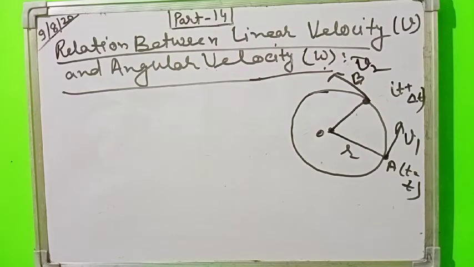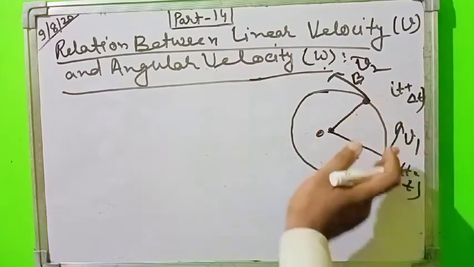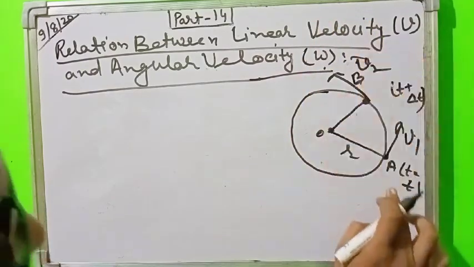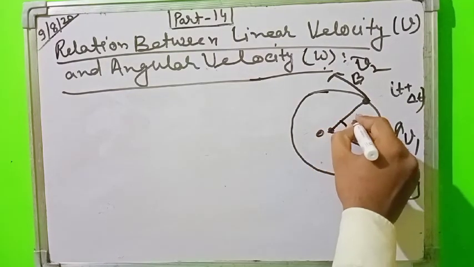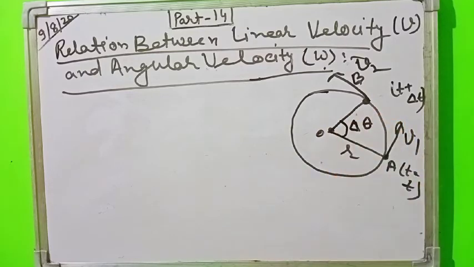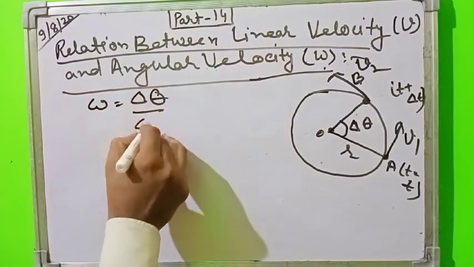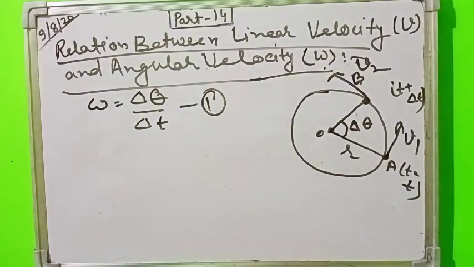Speed is constant but direction is changing, so velocity is changing. The radius is r, and the angle swept, or angular displacement, is denoted by delta theta. So the average angular velocity is delta theta upon delta t. This is equation number 1.